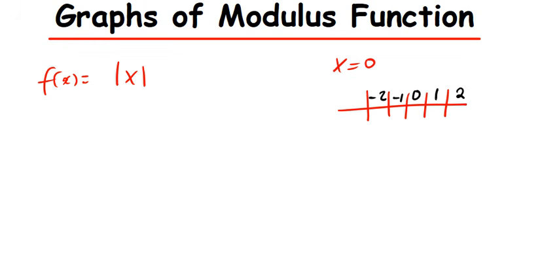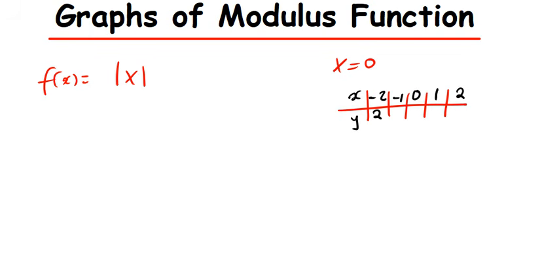Now I need to find the value of y. So this is x, this is y. Y is equal to the modulus of x. If x is negative 2, what will be the value of y? Remember, anything in the modulus comes out as positive. So that becomes positive 2. What if I put negative 1?